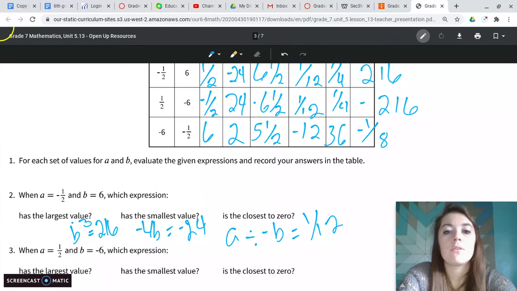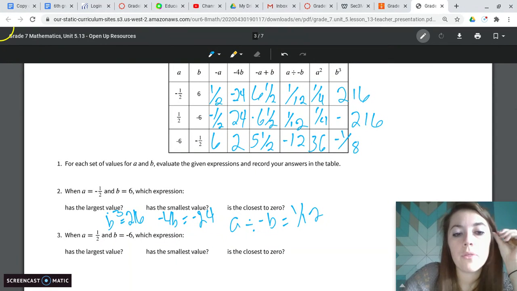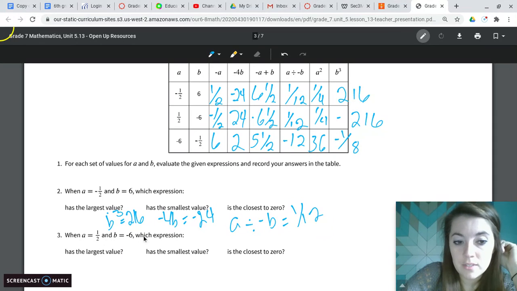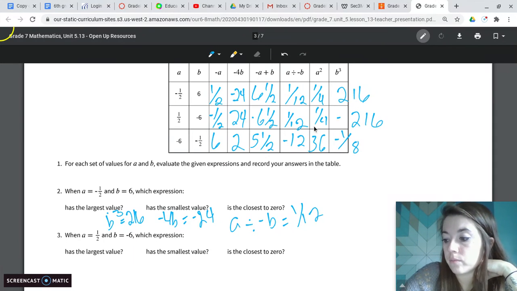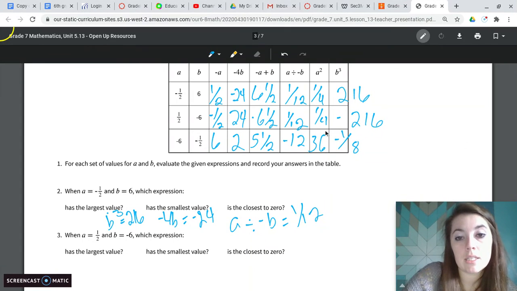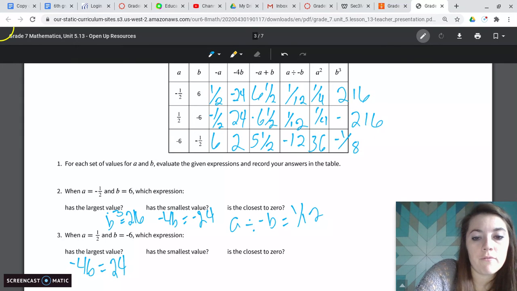Okay, let me zoom this back out a little bit so we can see all of it. All right, for 3, when a equals a half and b equals negative 6, which expression has the largest value? So largest value meaning positive, so that's going to be the negative 4b this time of 24.